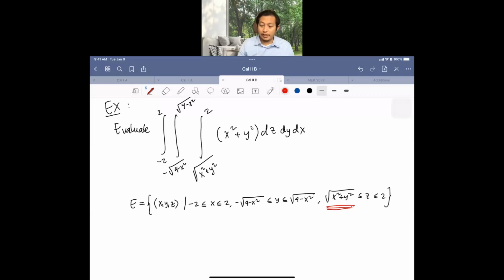If we project this to the xy plane, we will have these equations for the projections, right?